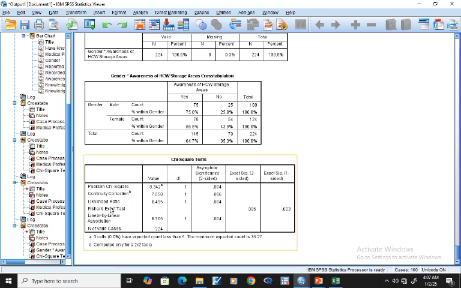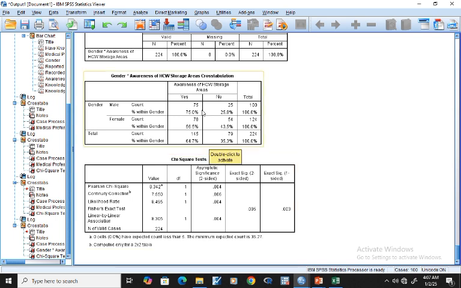Rather, the p-value for your decision on the association test here, the major statistic to use, is the Fisher's exact test statistic.